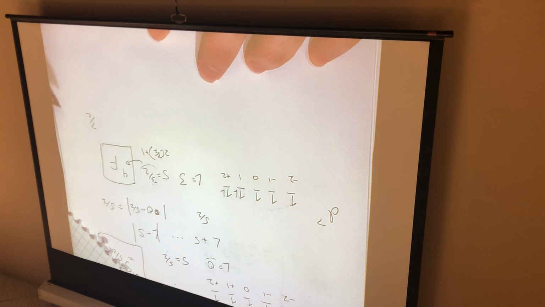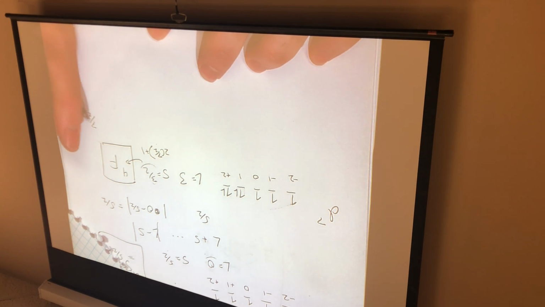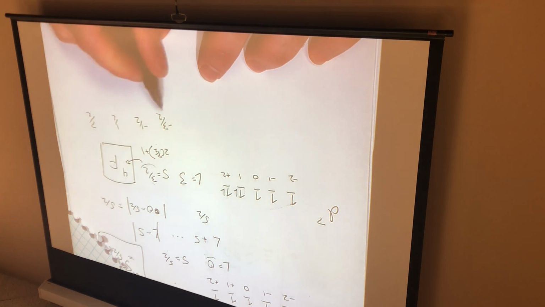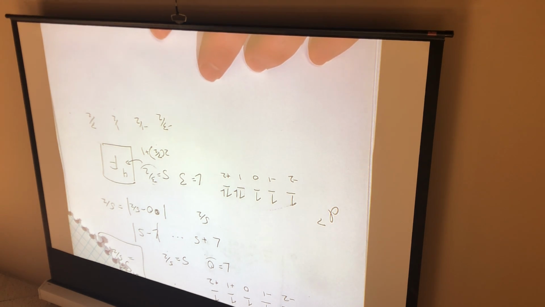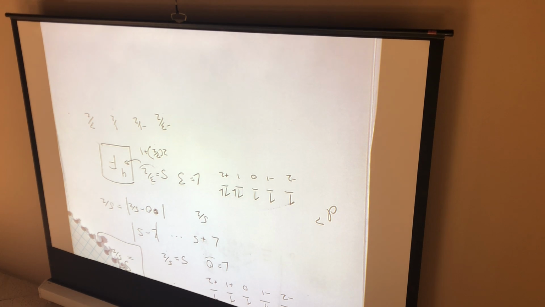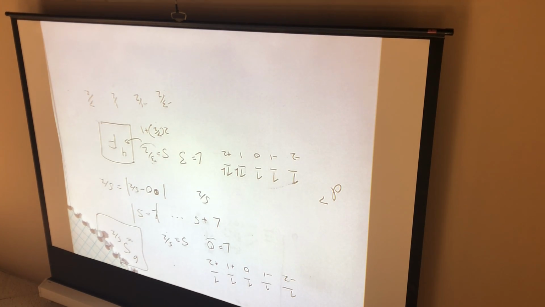This is why 2S plus 1 works. So you have 3 halves, 3 halves minus 1, which would be 1/2, then 1/2 minus 1, -1/2, and then -3 halves. Those are the possible S values you'd have for that term. There are 4 boxes. Quartet. 2S plus 1 predicts that there are 4 possible options there. Okay, yeah, so that's the idea.